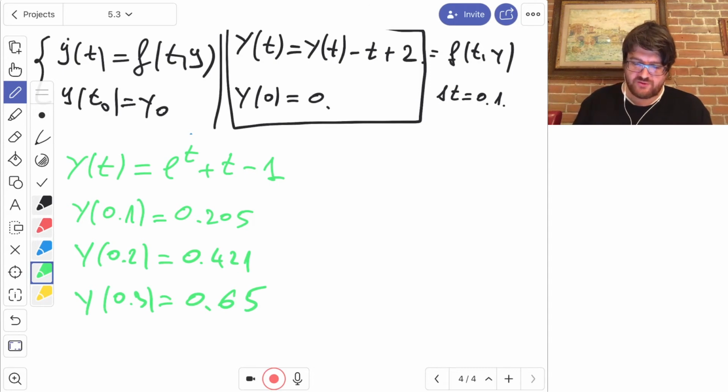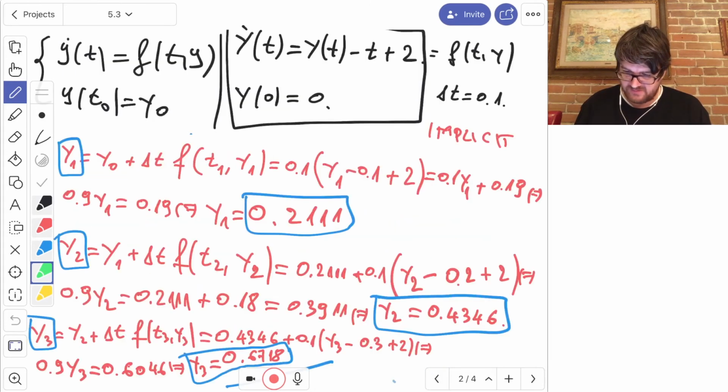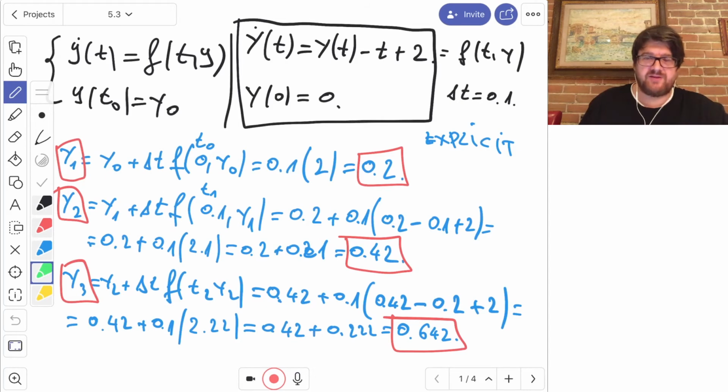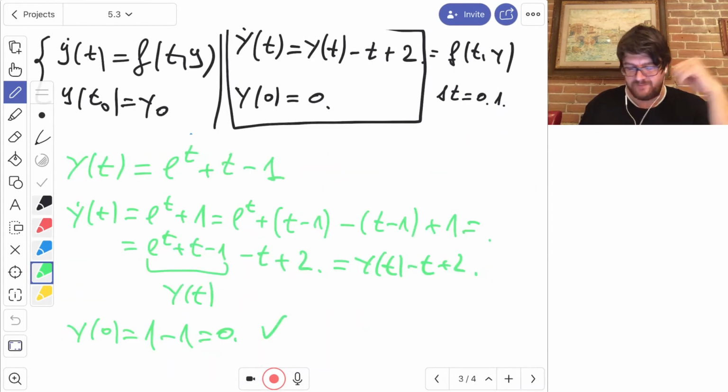So the true y of 0.1 is 0.205. The y1 in the implicit method is 0.211, so it's a little bit overestimating it. And the explicit is 0.2, so it's a little bit underestimated, but you see it's almost the same. One is underestimating, one is overestimating, but by about the same amount.